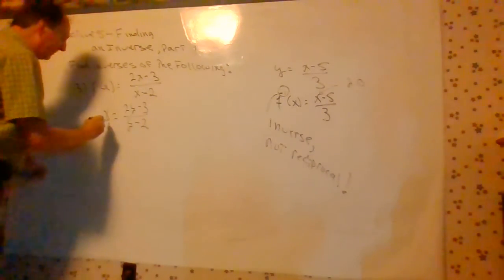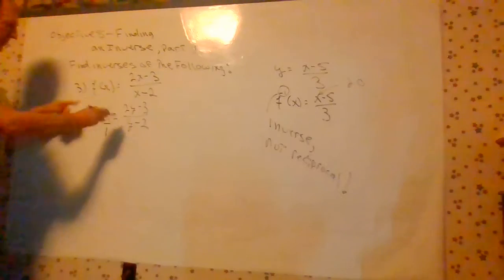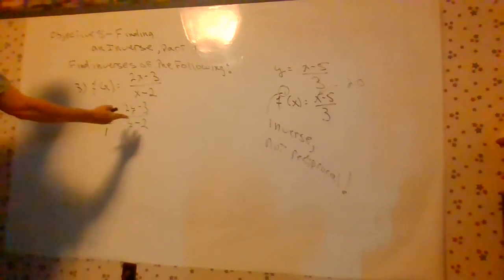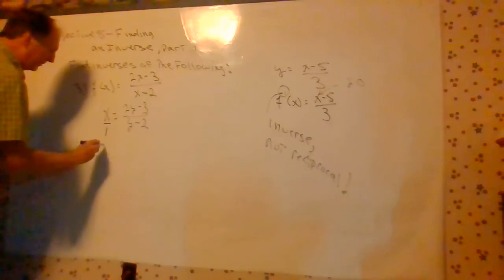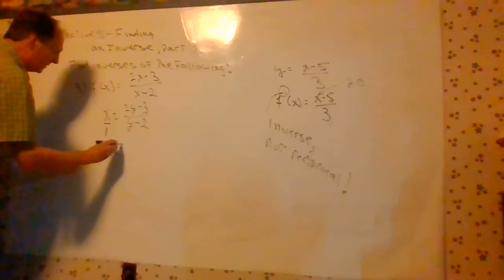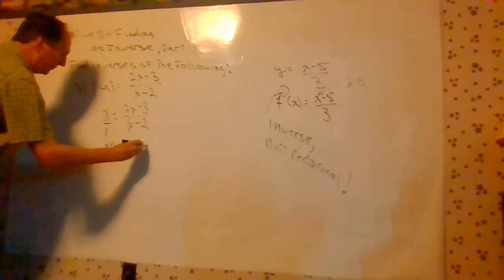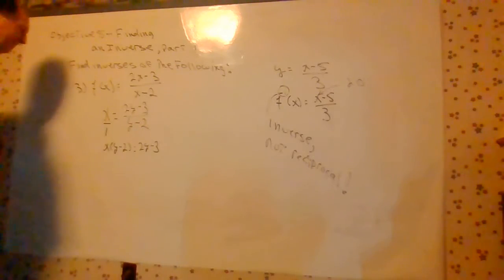And we can solve. You can cross multiply, or you can multiply both sides by y minus 2. But in any event, you get x times y minus 2 is 2y minus 3.